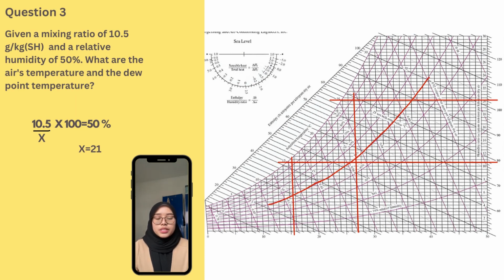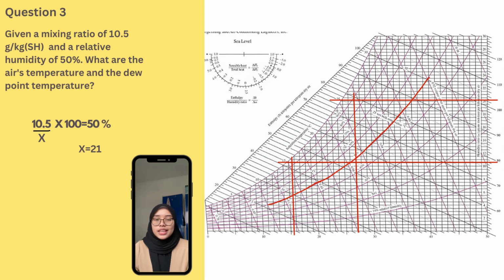Thirdly, given a mixing ratio of 10.5 g per kg and RH is 50, what are the air temperature and dew point temperature? So, make a line at SH 10.5 and RH 50. So, we get a dew point of 50.5. The air contains 10.5 g per kg of water vapor.